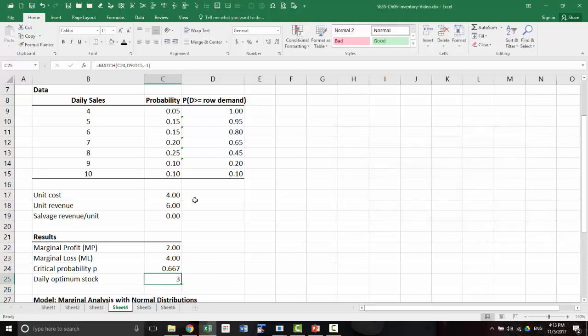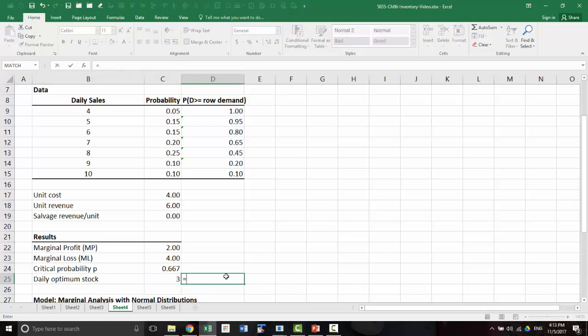But what we want is not the row number, but the daily sales. So what we need to do is to enclose this within an INDEX. The index function looks at an array like that, and then this tells us which row to look at. So for index, you have to give two things, the row number and the column number. The column number is 1 because it's the same column, then that gives you the value.